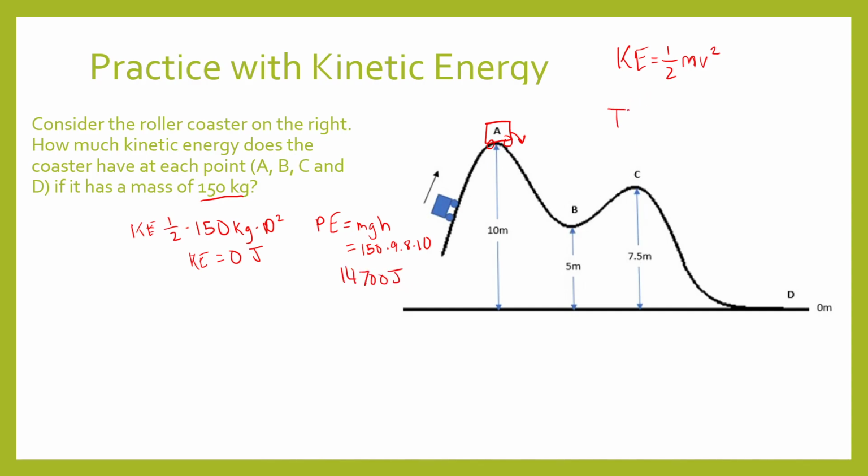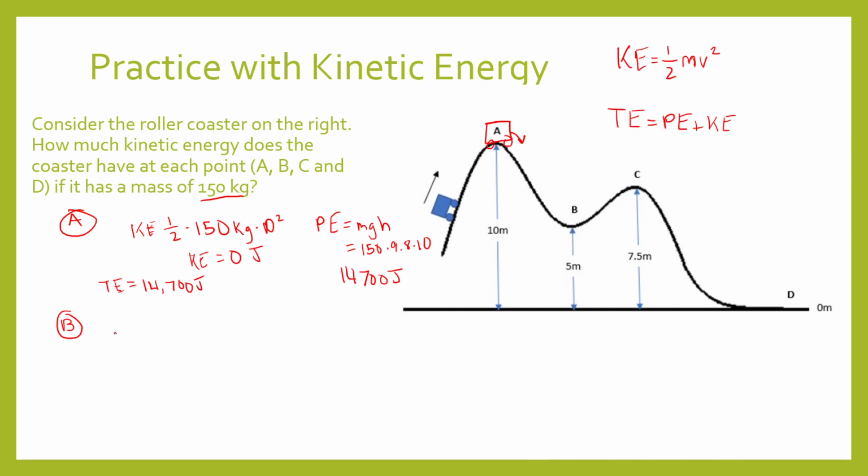So our total energy is just the potential energy plus the kinetic energy for right now. In this case, our total energy at point A is going to just be the 14,700 joules.